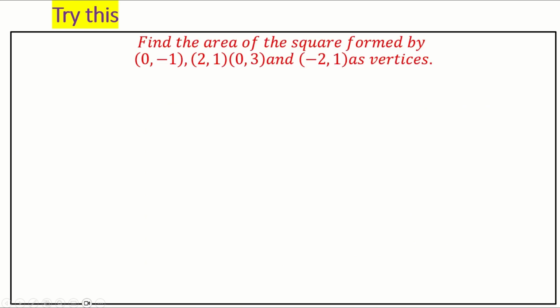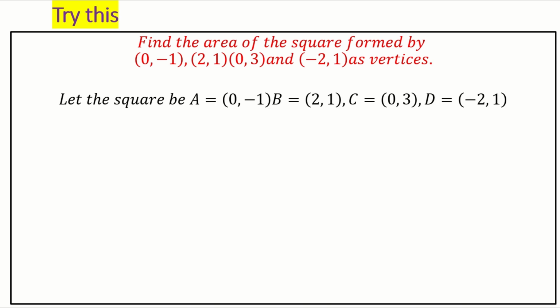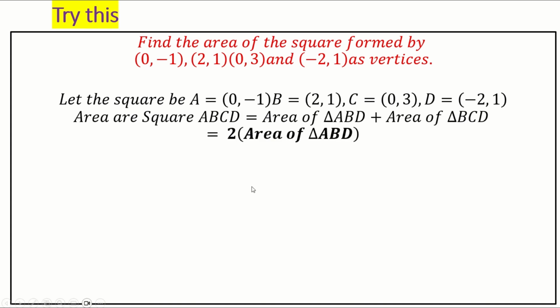Find the area of the square formed by these vertices. The area of a square is actually easy. You can easily do it by looking at the coordinates, but you just apply the same principle. So the area of square ABCD is the area of ABD plus BCD, or twice the area of ABD, because we know that if it is a square, the diagonal bisects the area into two equal parts, correct? So you apply that logic.